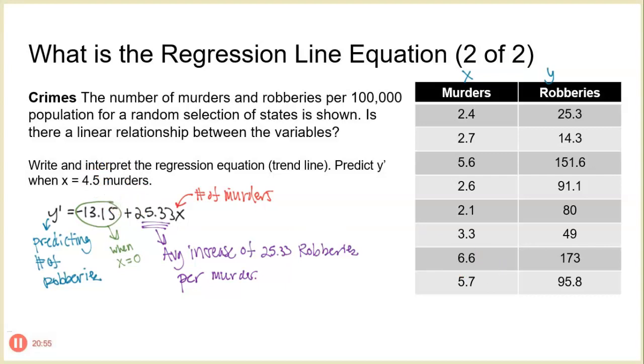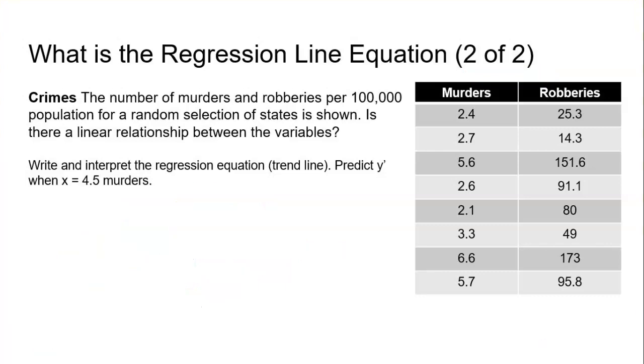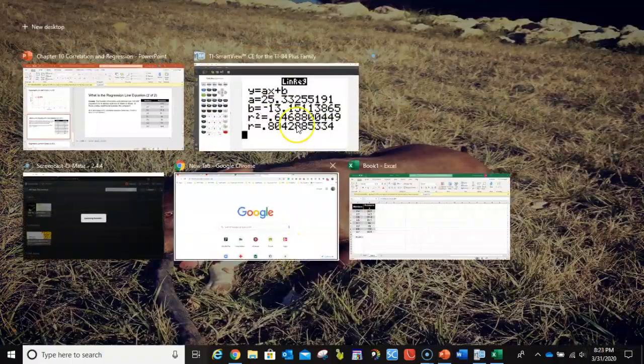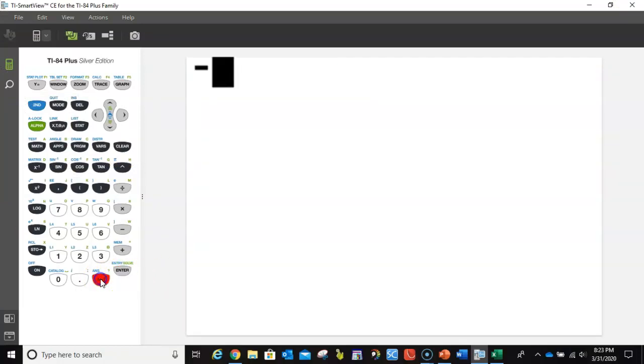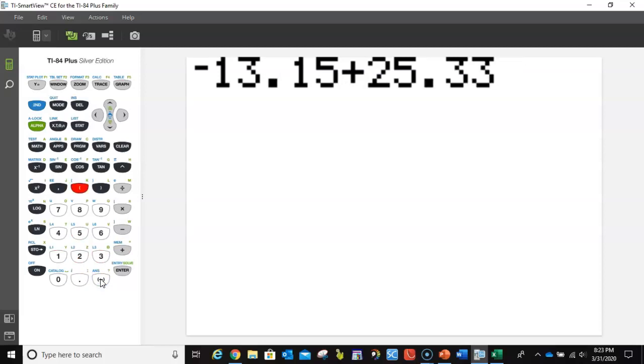And so now I can use this equation to predict the number of robberies. So y prime is equal to negative 13.15 plus 25.33, and the value of x is 4.5. That's just a calculation that I'm going to perform: negative 13.15 plus 25.33 times 4.5.